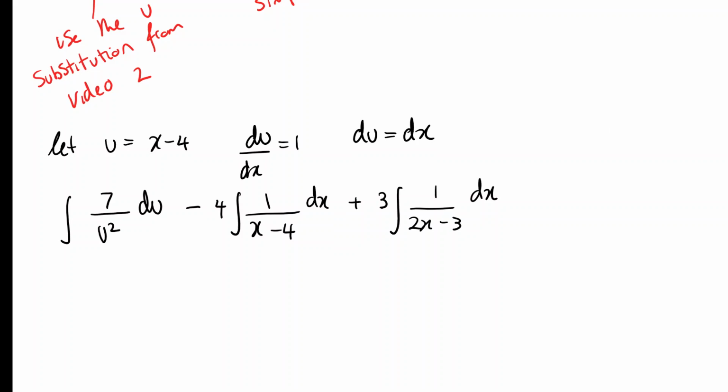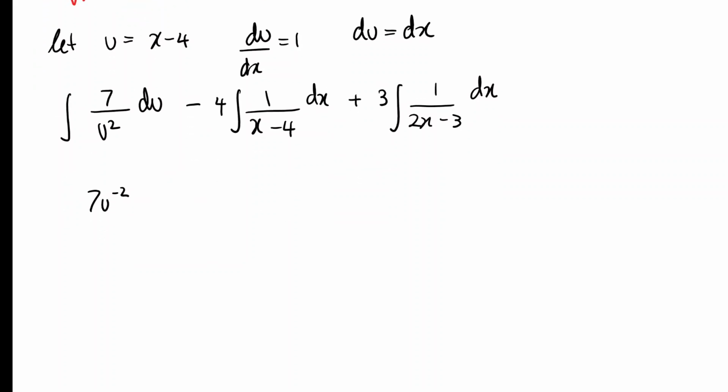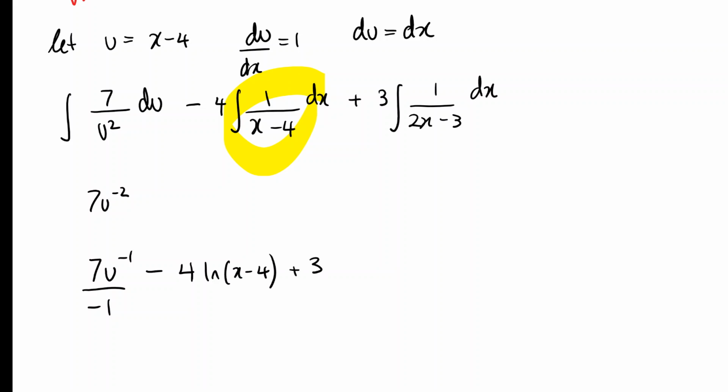So 7 over u squared is the same as 7u to the minus 2. When we integrate that, we get 7u to the minus 1 over minus 1. The next part of the integral is minus 4 times ln x minus 4. The part after, we have to be careful with this. You can rewrite the top of the fraction as 1/2 times 2, because the derivative of 2x minus 3 is 2.